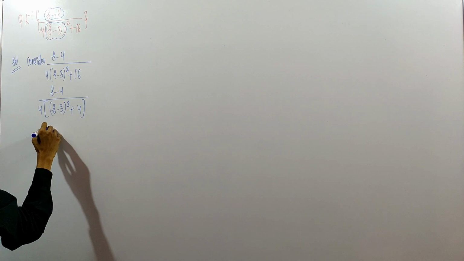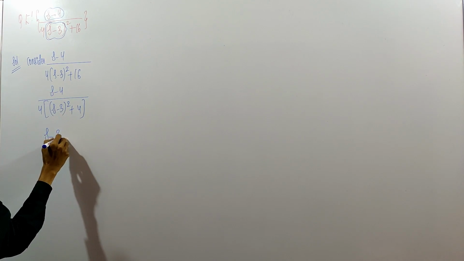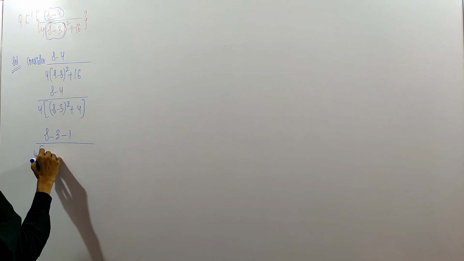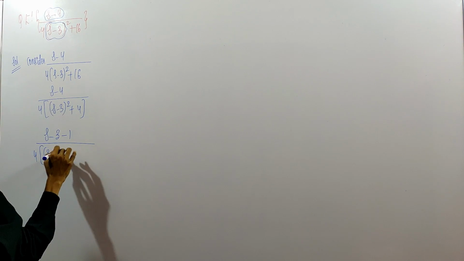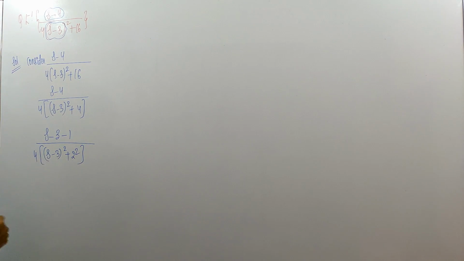So we can write s minus 4 as (s minus 3) minus 1, divided by 4 into ((s minus 3) square plus 4), where 4 can be written as 2 square.